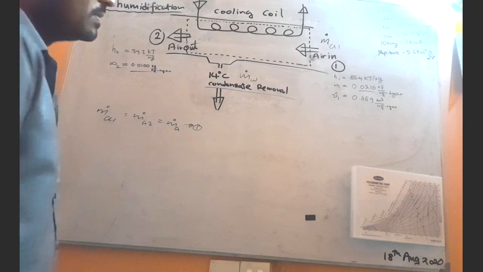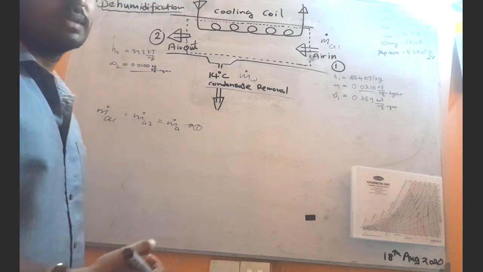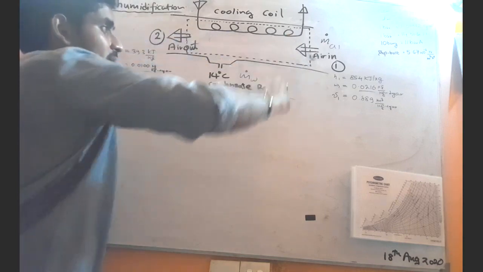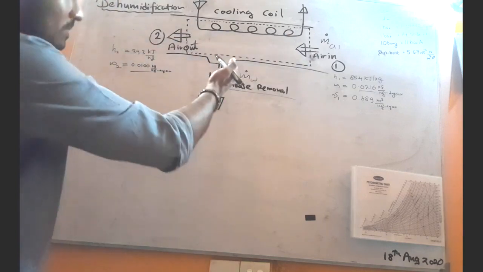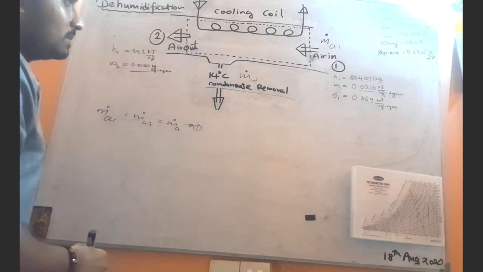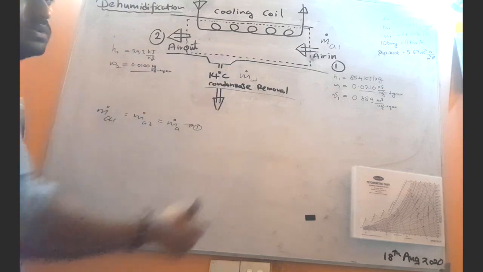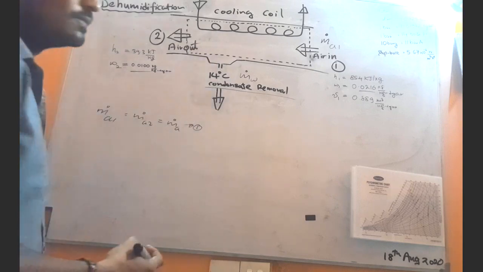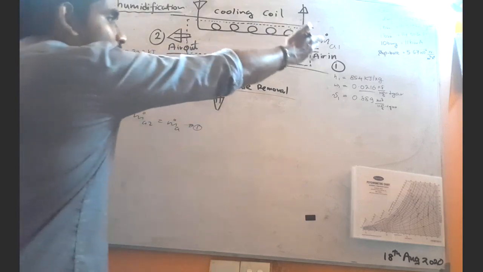Now if you consider the water content, the moisture content, there is a particular moisture content here, and here we have water content because it is condensate removal. From where does it get that water content? That is definitely from the moisture content over here.